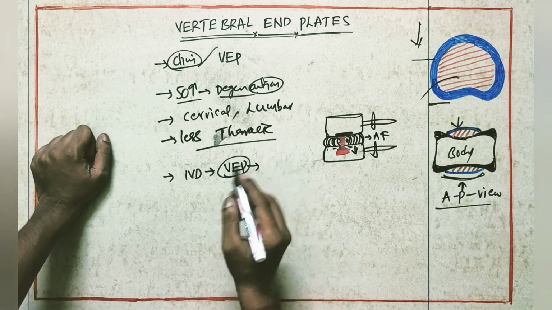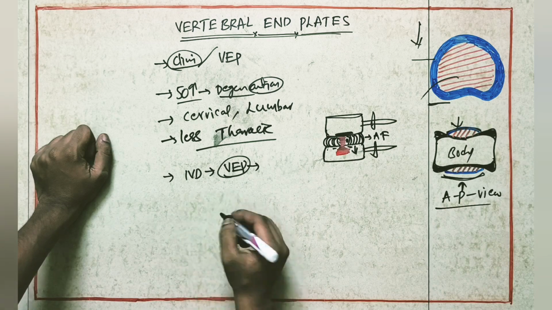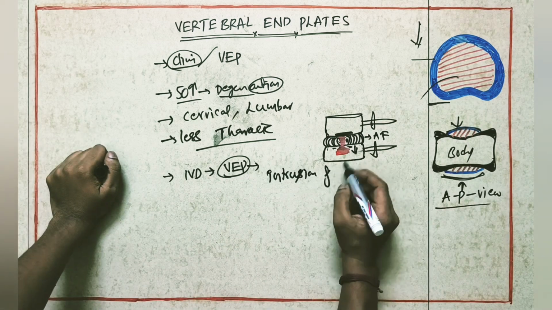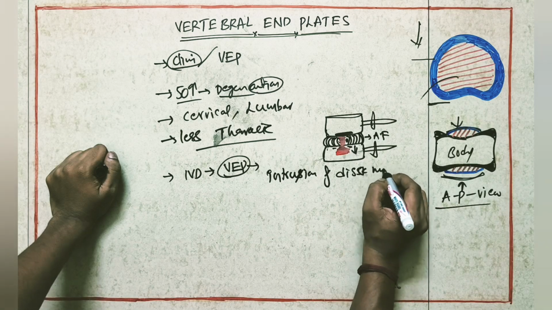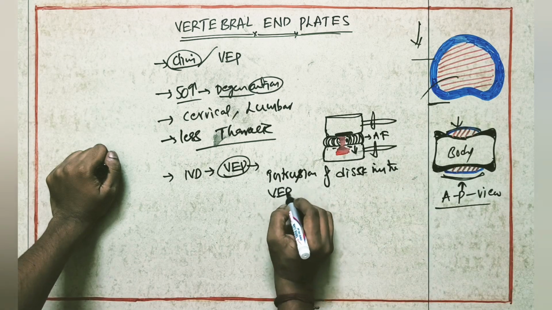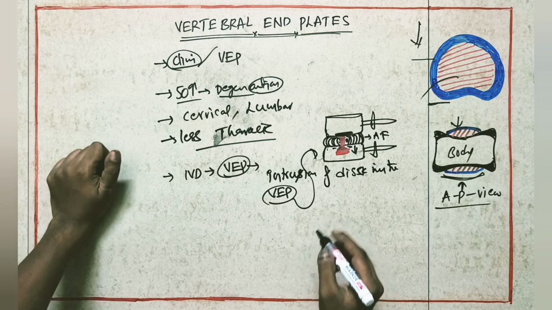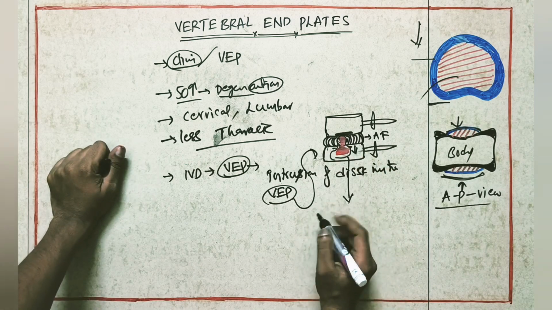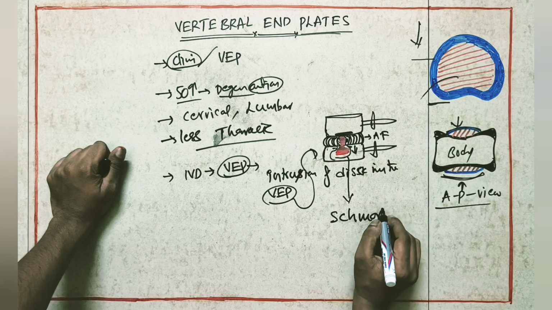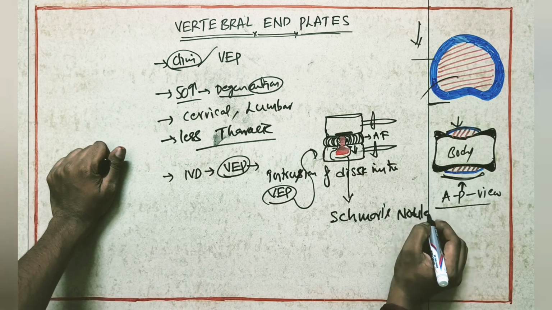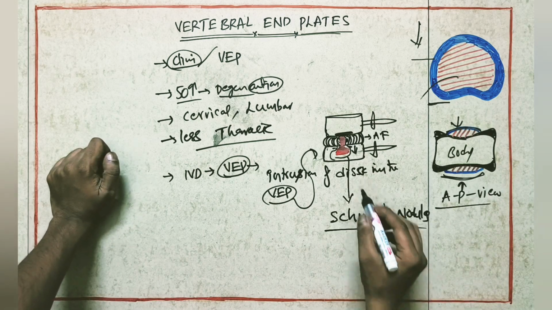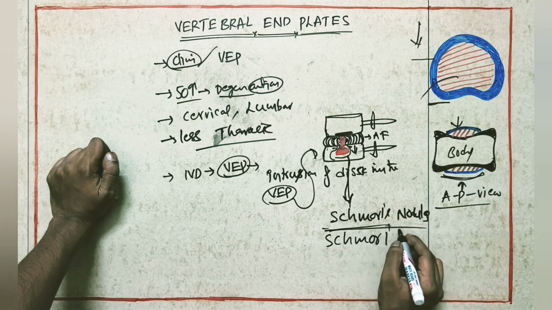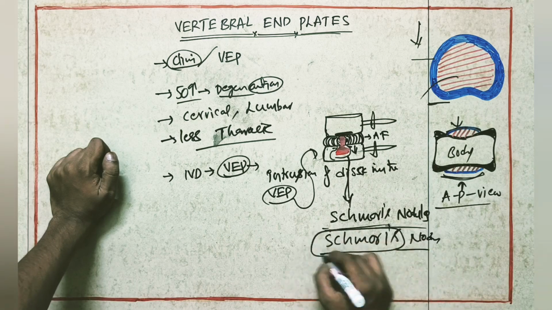After that, it creates an intrusion of the disc into the end plate and the center of the body. So it is going to create nodules. Those nodules are called Schmorl's nodules.